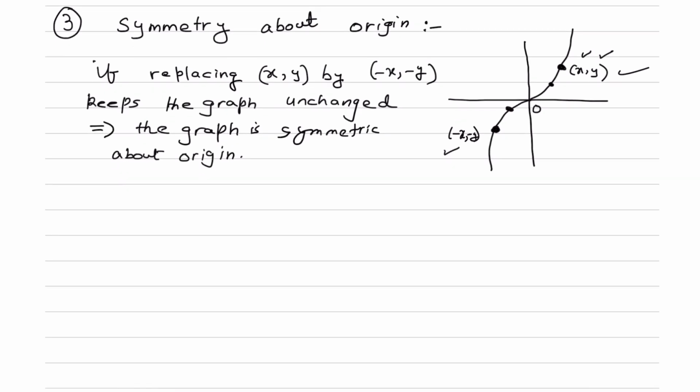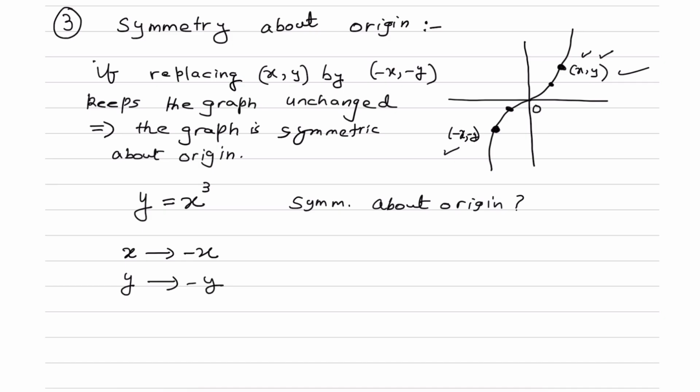For example, now let's look at this graph mathematically. So we want to check if it is symmetric about origin. So what shall we do? We replace x by minus x and we replace y by minus y altogether.